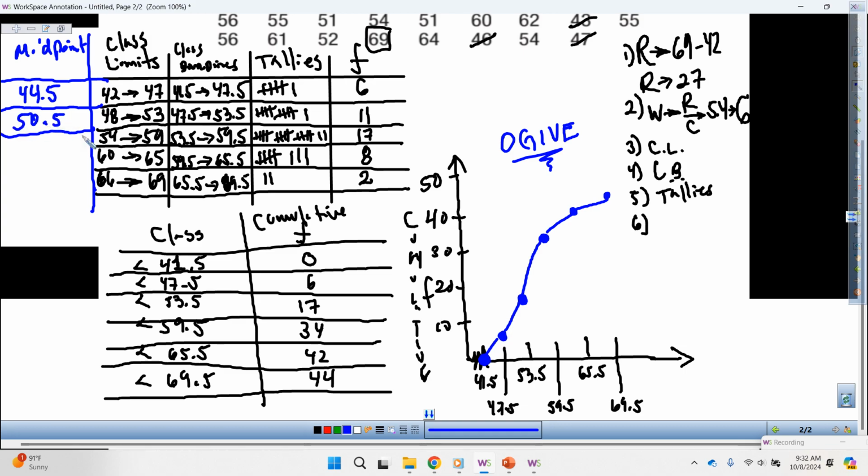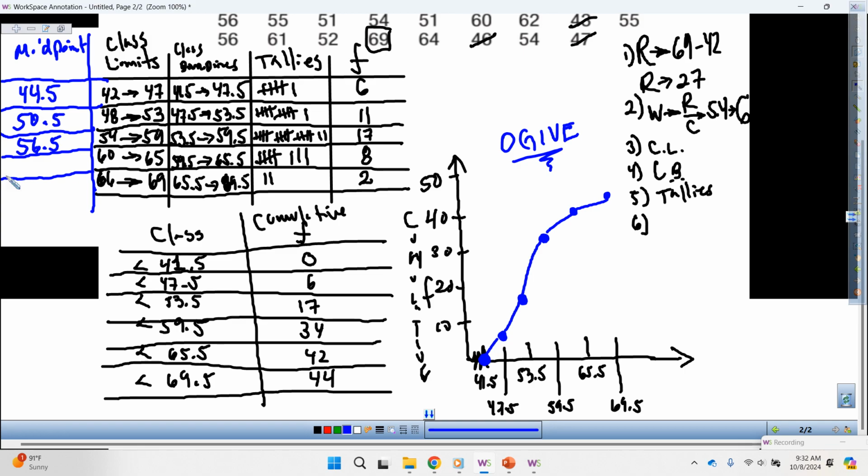Looks about right. Nick, the next one. Third one. Midpoint. 56.5. That is correct.